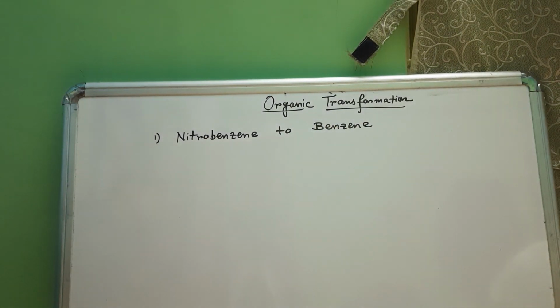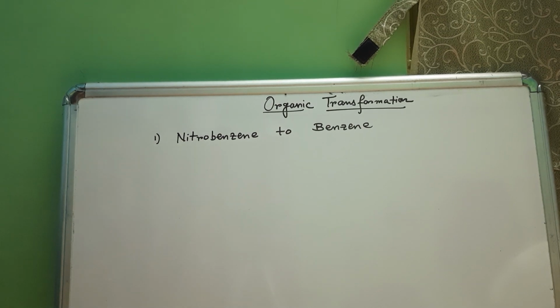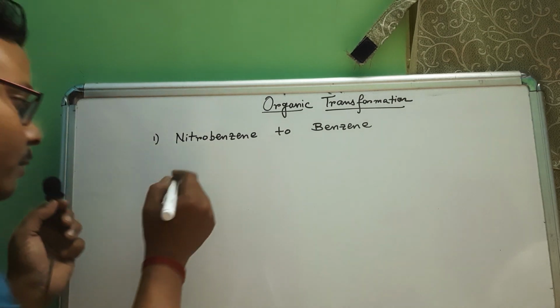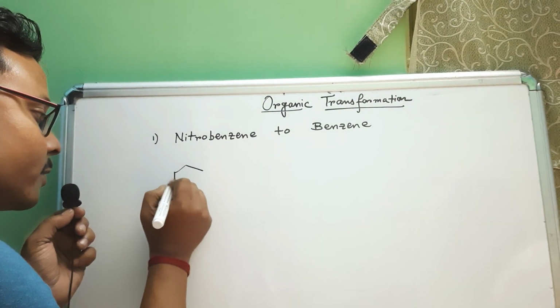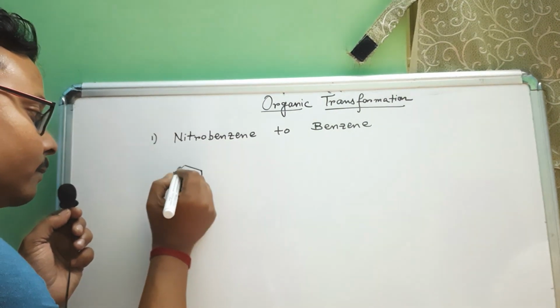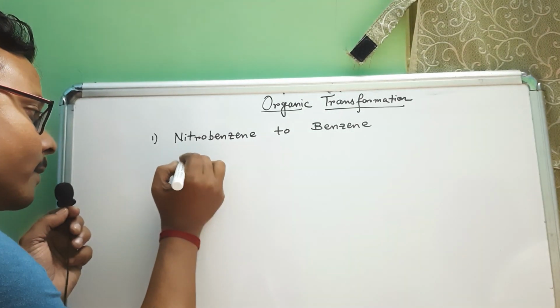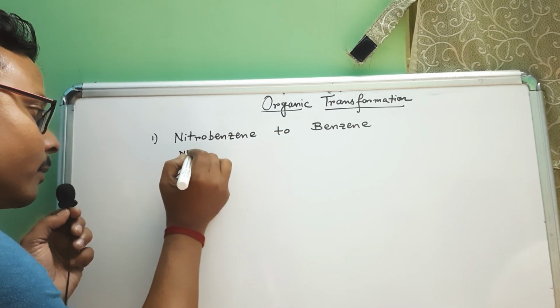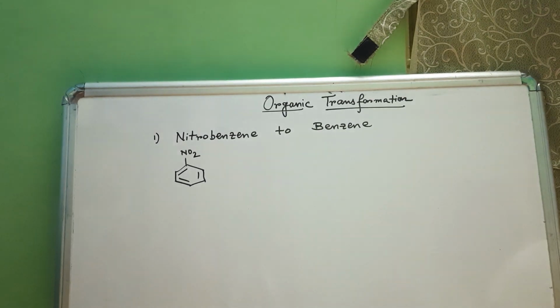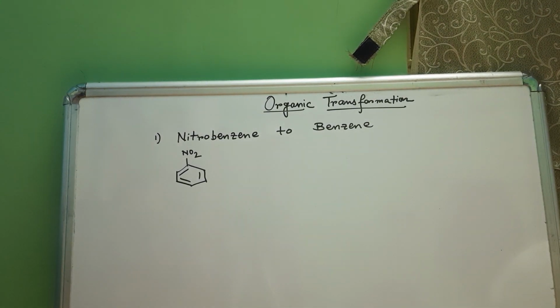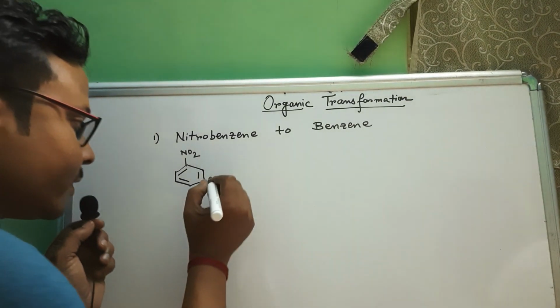How do you transform nitrobenzene to benzene? What is the structure of nitrobenzene? This is the structure of nitrobenzene, NO2.